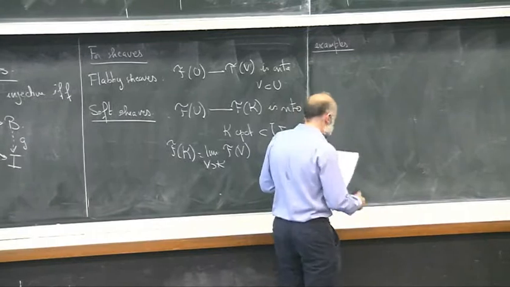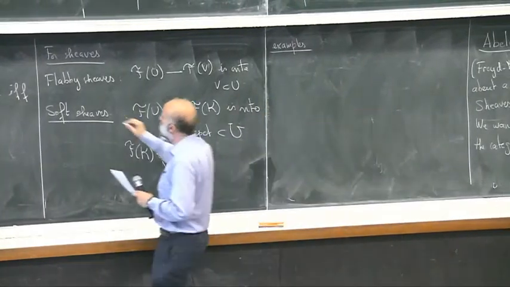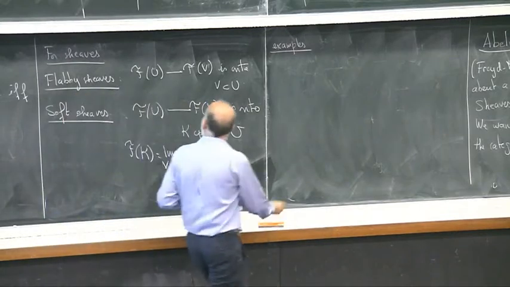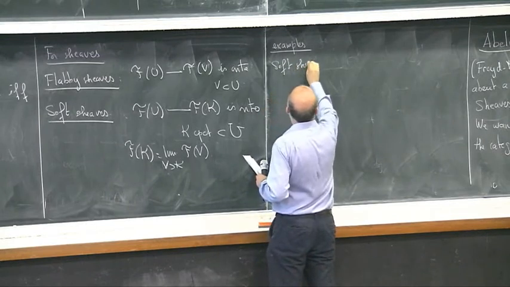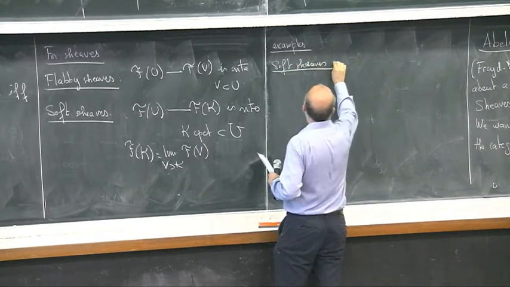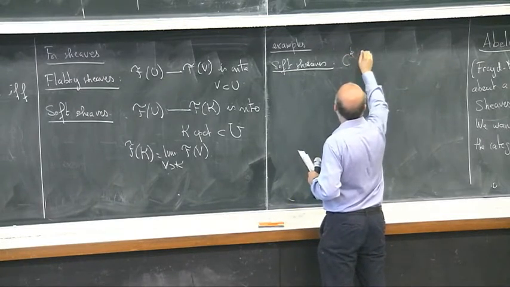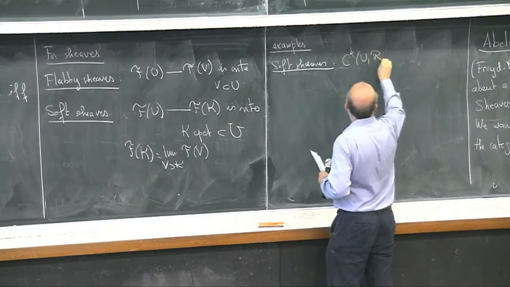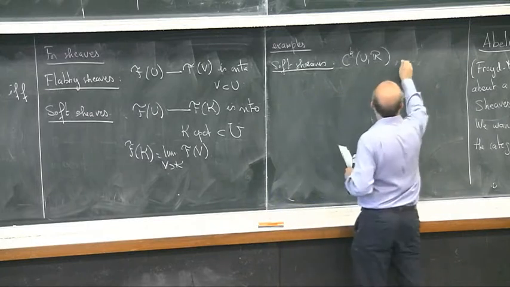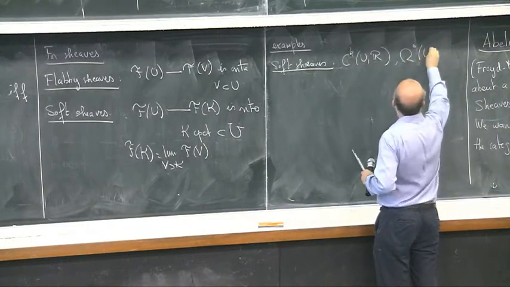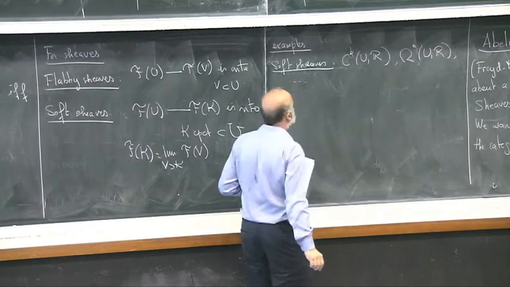So examples, and now I have to try not to get confused because there's a sort of duality. So soft sheaves are, for example, C^k functions on R, differential forms, and so on.